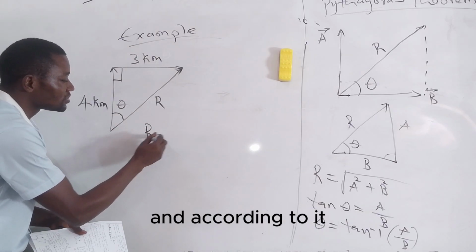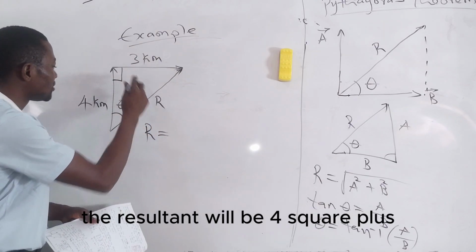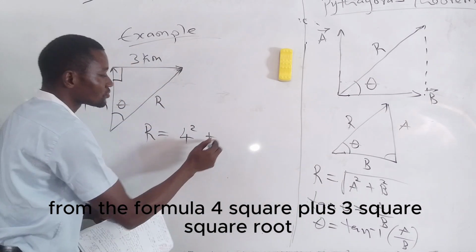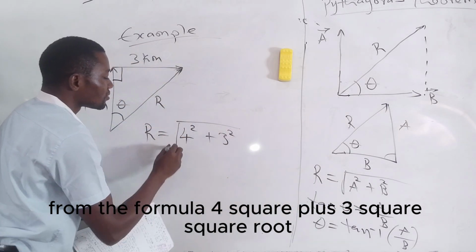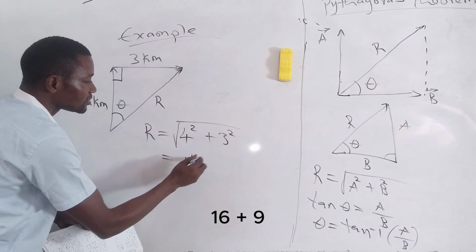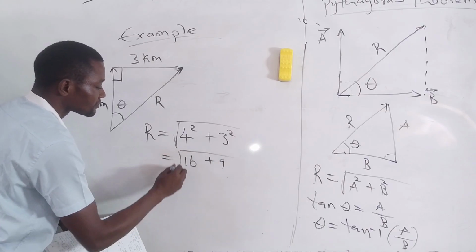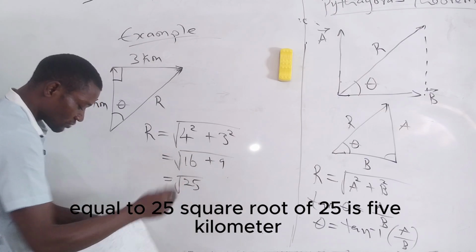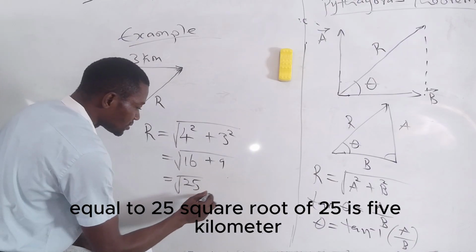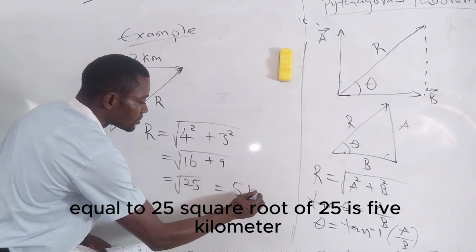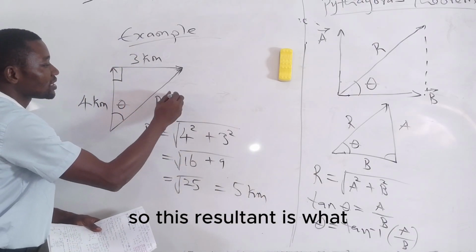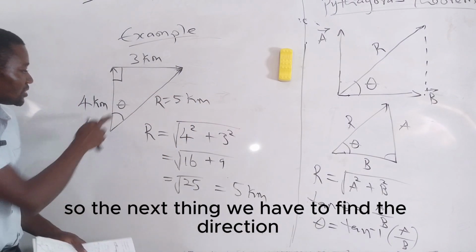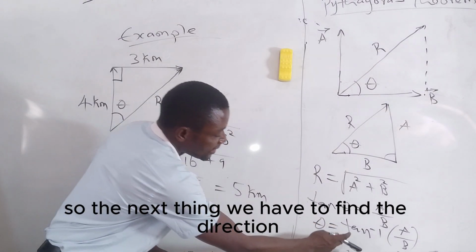According to it, the resultant will be, from the formula, the square root of 4 square plus 3 square, square root of 16 plus 9, equal to square root of 25, which is 5 kilometers. So this resultant is 5 kilometers. The next thing we have to find is the direction.